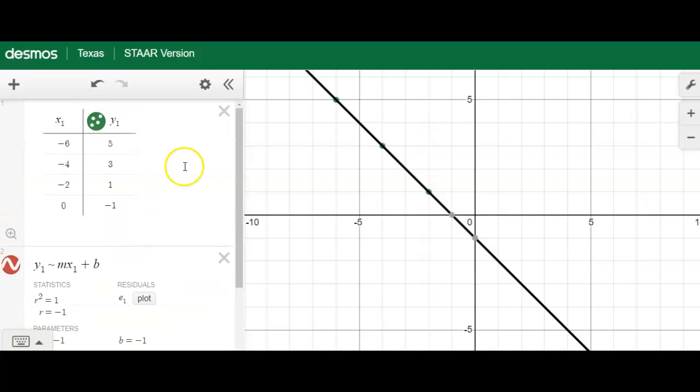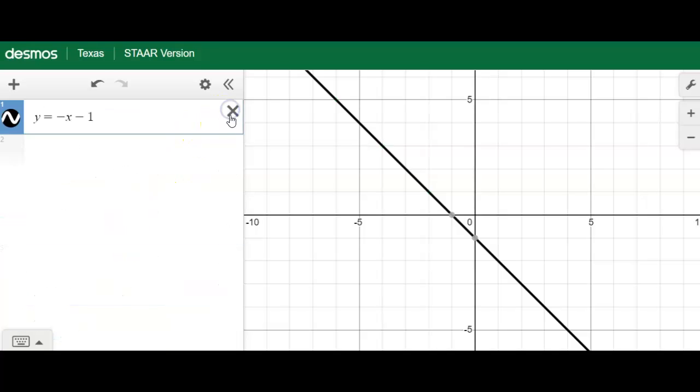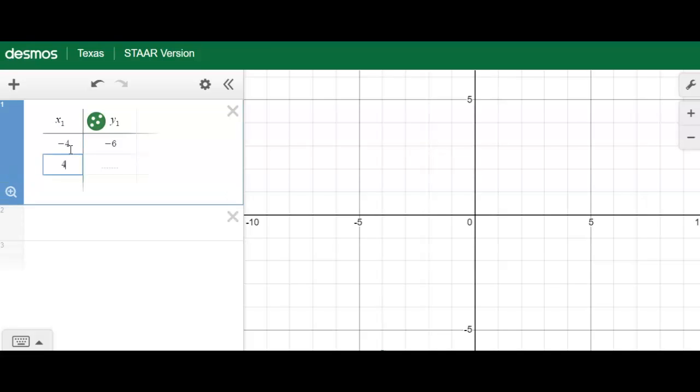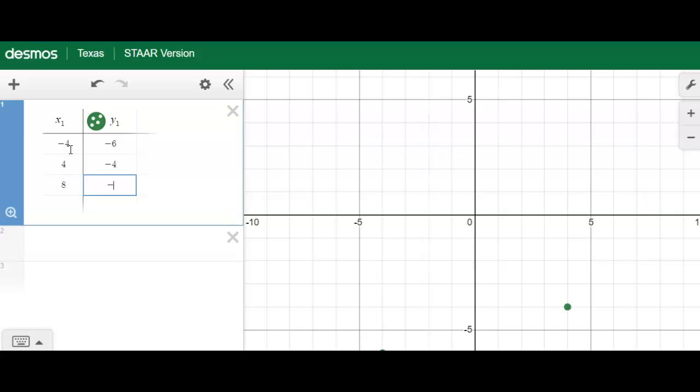Let's practice one more. I'm going to take it all away and start at the beginning. Add a table. This time I want my table to be -4 and -6, +4 and -4, 8 and -3.